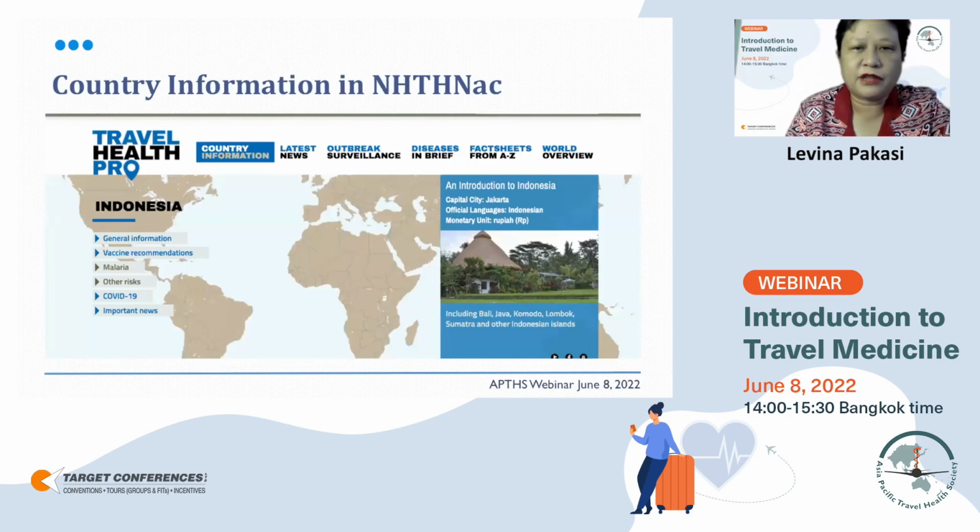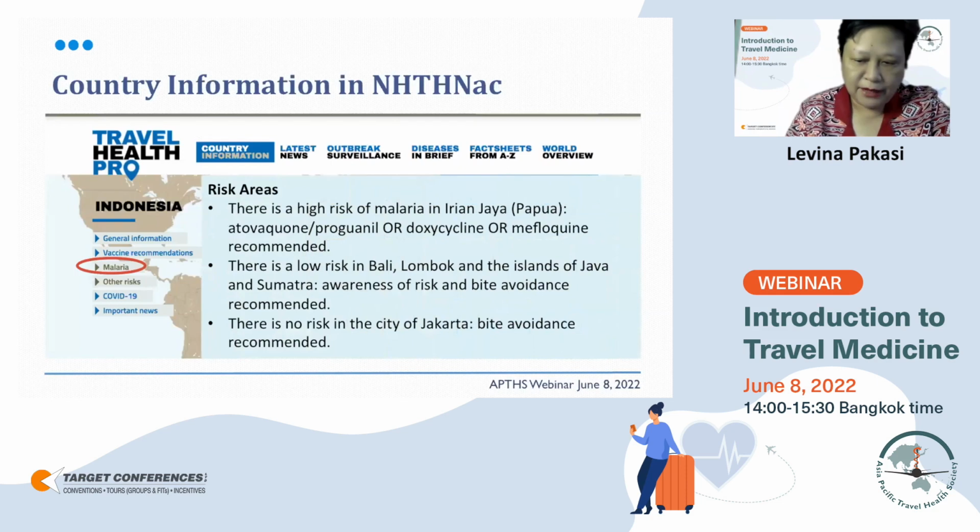For instance, if you want information about the risk in Indonesia, if you check malaria, you can find a lot of information about malaria risk areas because Indonesia is a very big country. Malaria may still be high in the eastern part of Indonesia and low in the western or central part, and no risk in Jakarta, of course.